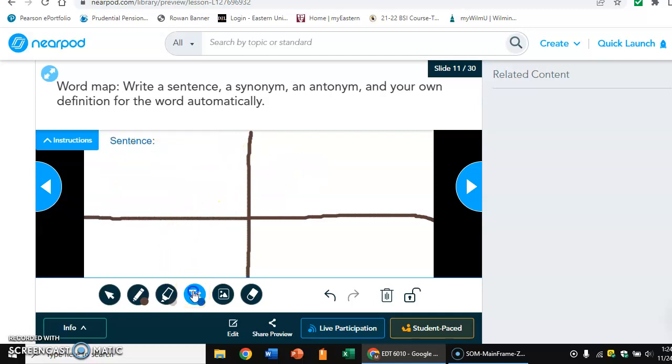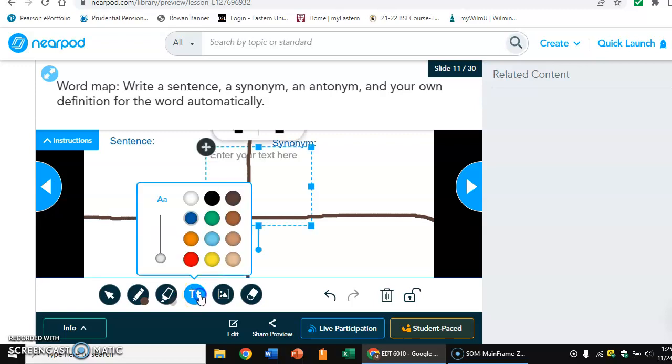If you wanted to write your synonym in this box, you would simply come over here and write synonym, okay? And you're going to do the same thing for each of your 4 boxes.